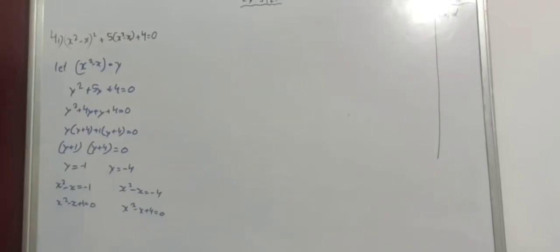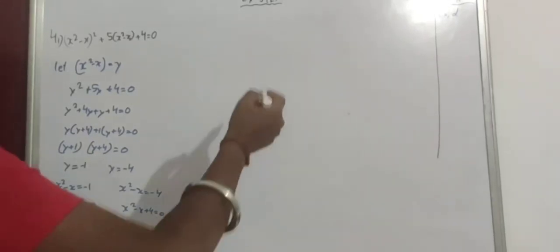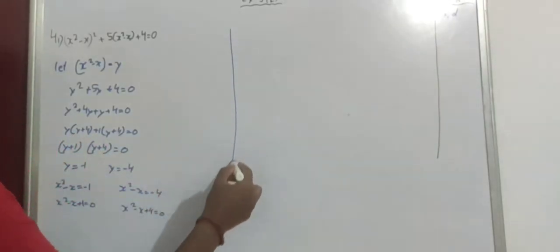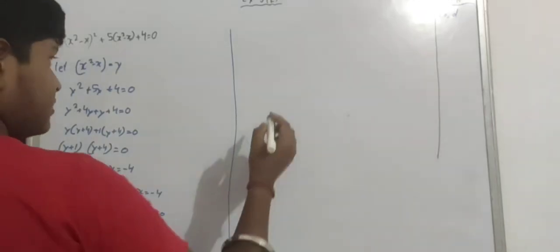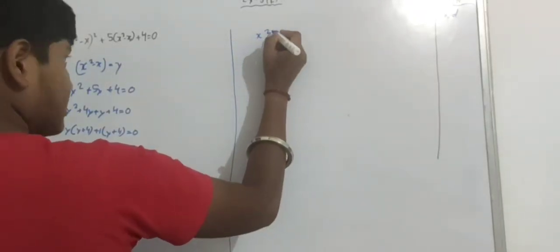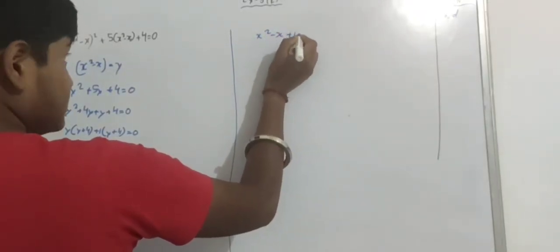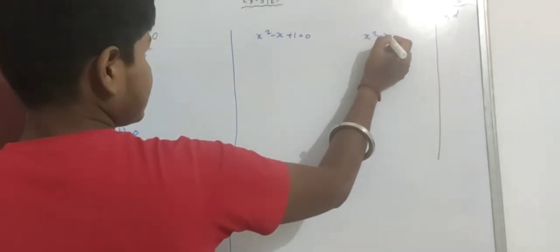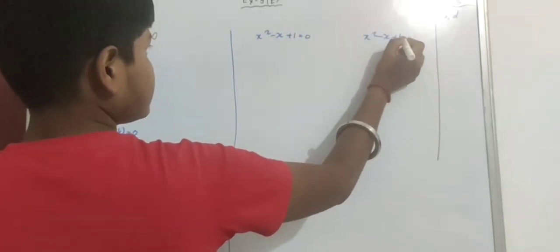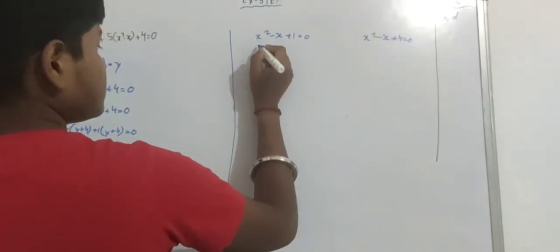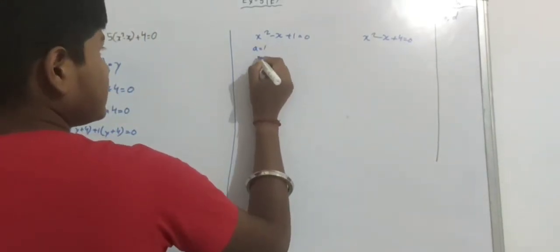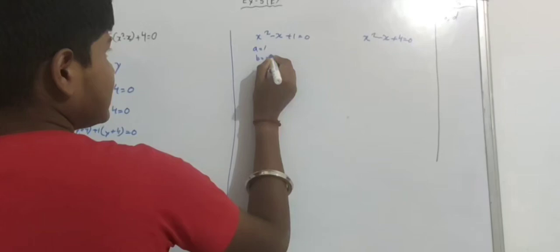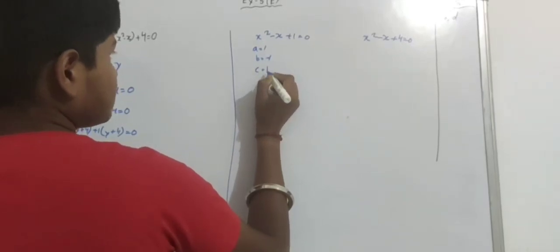Now on comparing it, find the values of a, b and c. x square minus x plus 1 is equals to 0, and x square minus x plus 4 is equals to 0. So here a is equals to 1, b is equals to minus 1 and c is equals to plus 1.